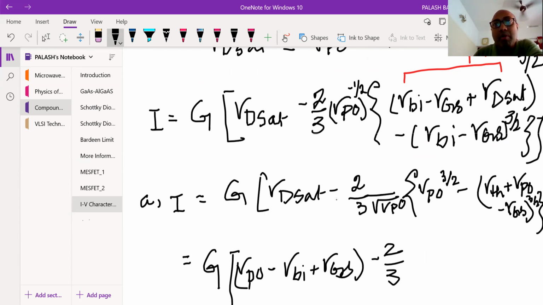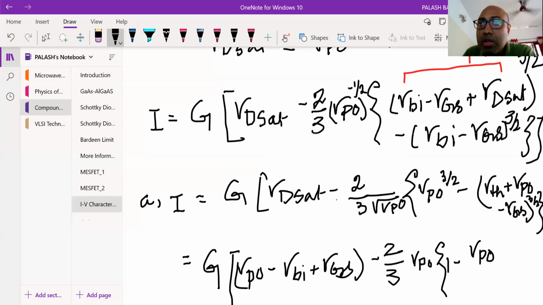If you take VP0 common, you'll get a VP0 out, right? 1 minus VP0. Let me write VGS minus V threshold voltage, minus VGS minus threshold voltage minus VP0.